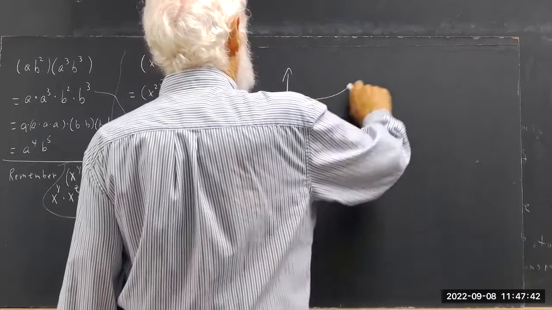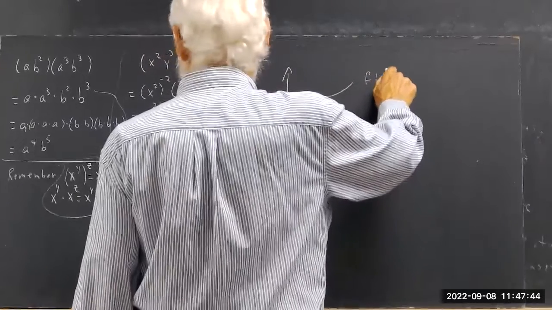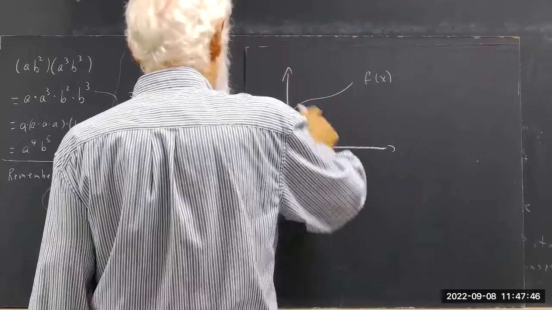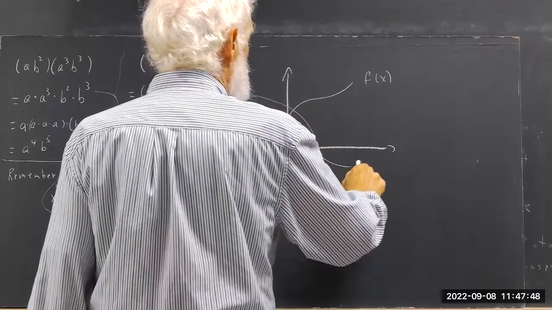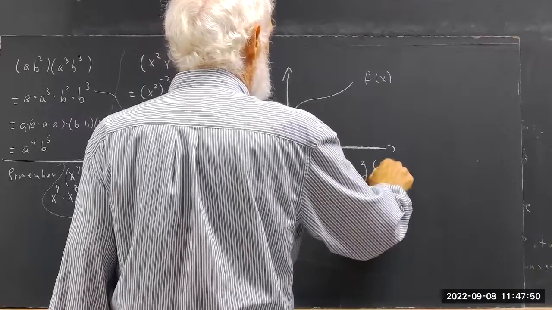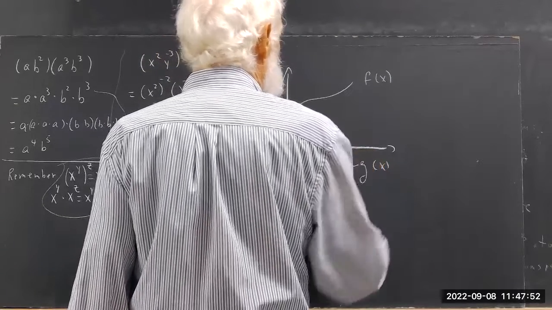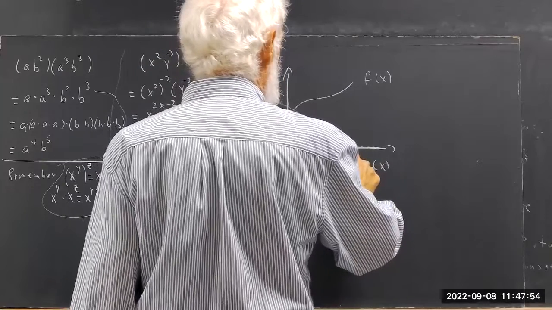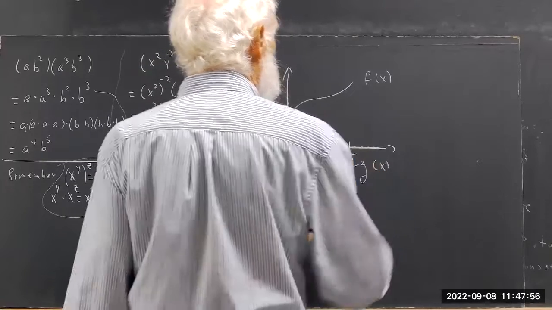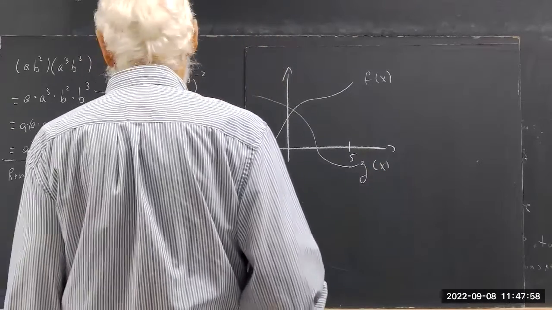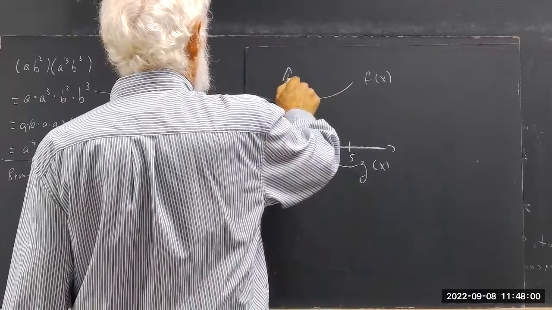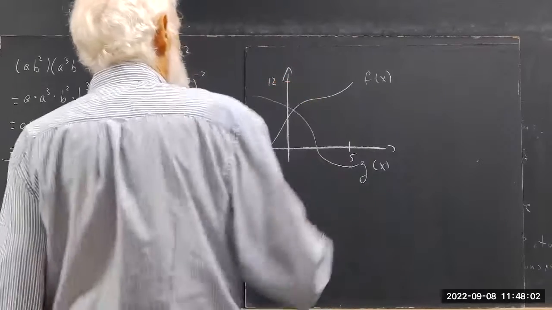Got a graph of f of x and a graph of g of x. And this is my A number, which in my case might be 5. And this is the D number, which I think maybe is 12.